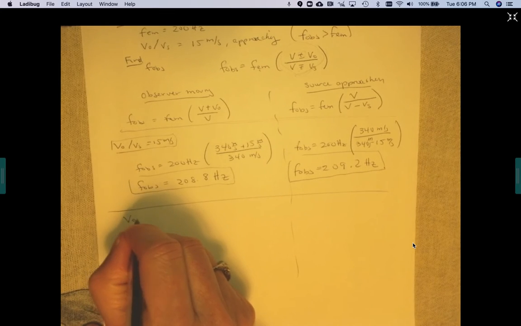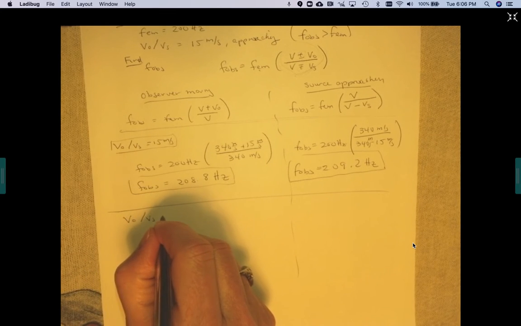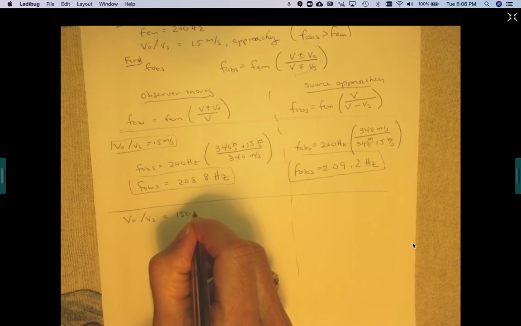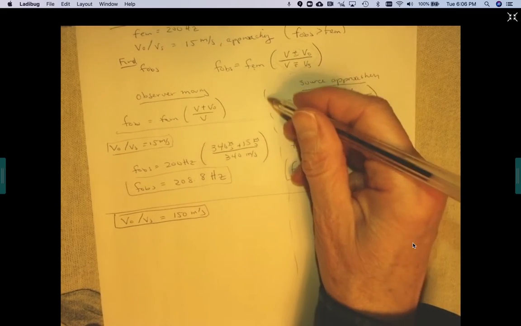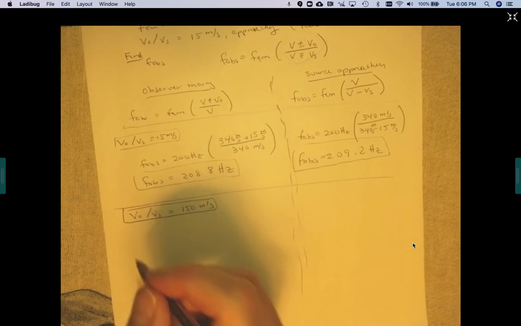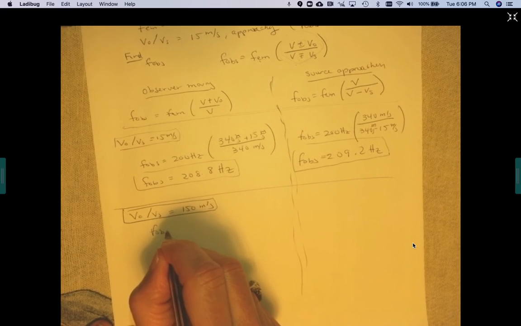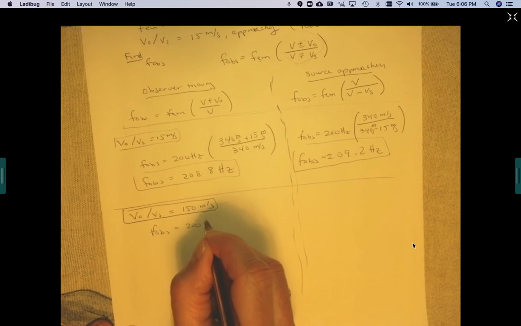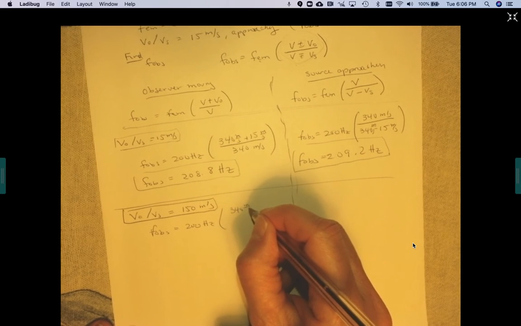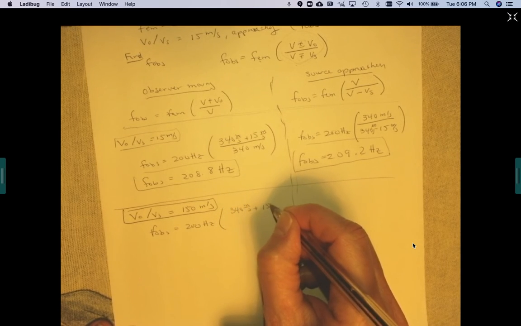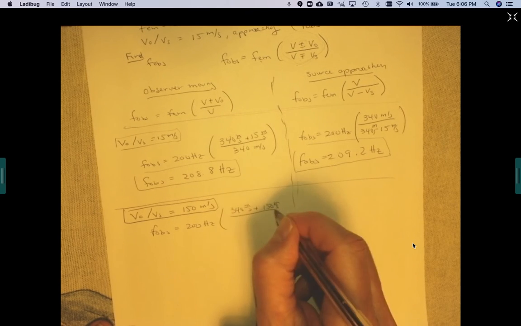If we have the source or observer moving at 150 meters per second, again we have the same formula, 200 hertz times 340 meters per second, the speed of sound, plus now 150 meters per second. That's quite a bit faster, right?